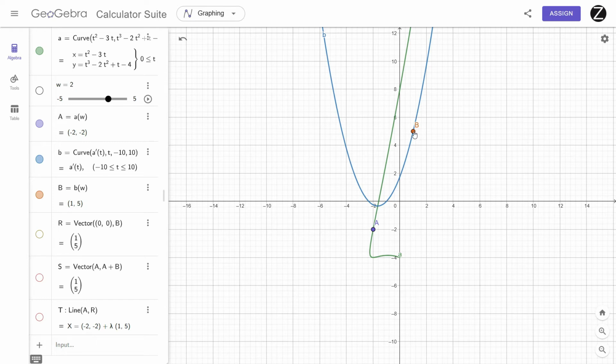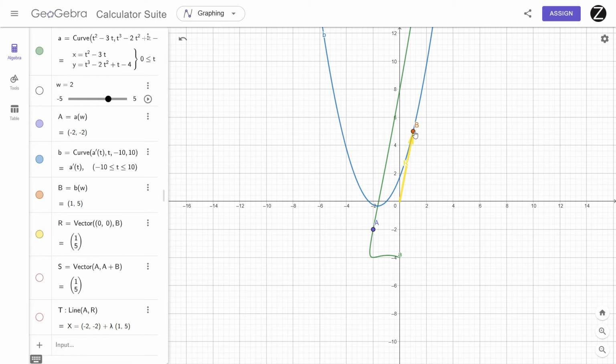We have point B here listed at point 1, 5. What if we draw a vector starting from the origin going to point B? Let's see what happens. Now you notice something.